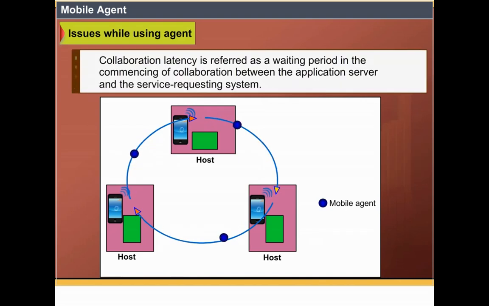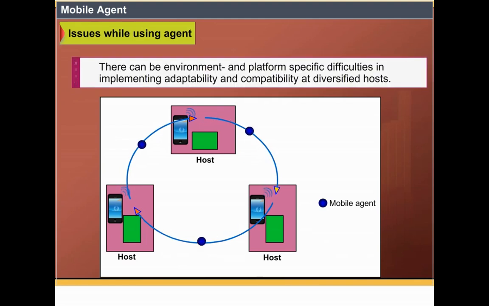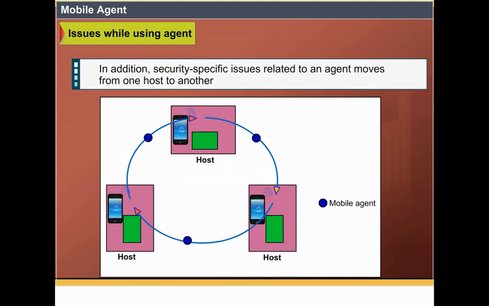Collaboration latency means waiting period in start of collaboration between the application server and the service requesting system. There can be environment and platform-specific difficulties in implementing adaptability and compatibility at diversified hosts. In addition, there are security-specific issues related to an agent moving from one host to another.